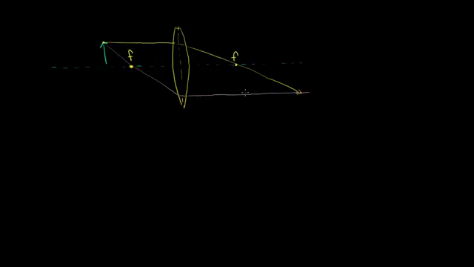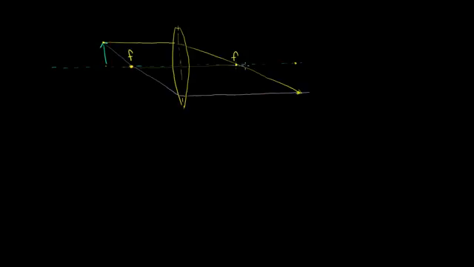Something coming in parallel on the right side will go through the focal point. Then something going through the focal point will come out on the other side parallel. So whatever light is coming radially outward onto this side and going through the lens will converge at this point right over here on the other side of the lens. And even light that goes straight through the lens would end up right over there. It actually won't be refracted at all.